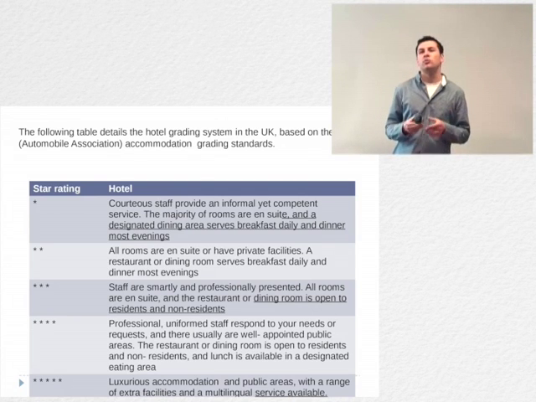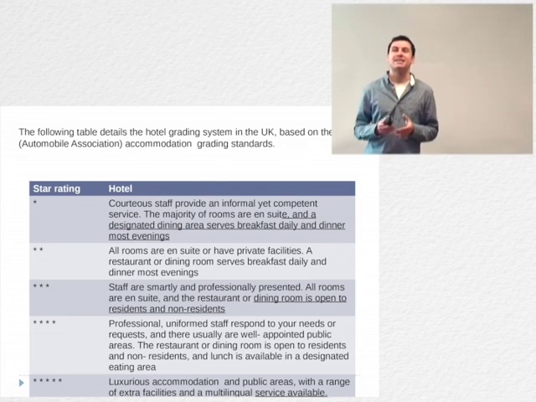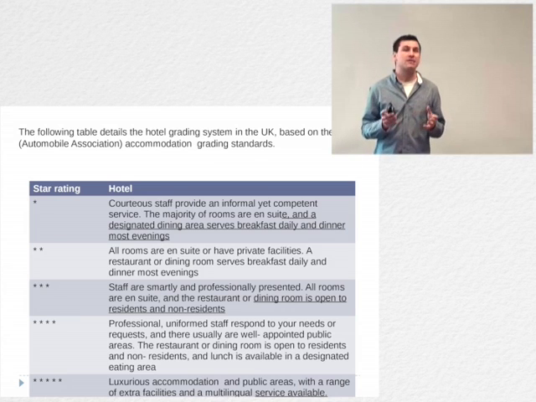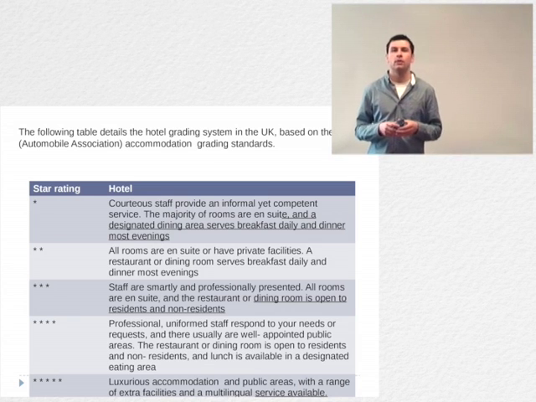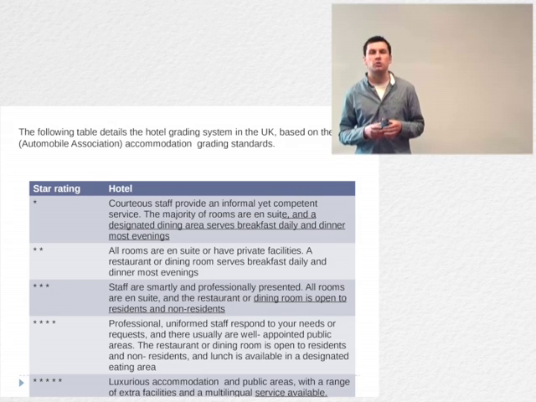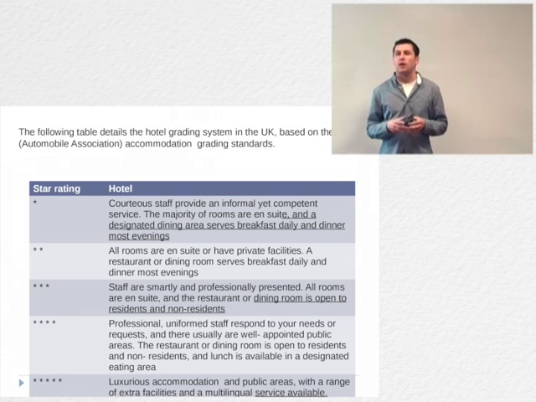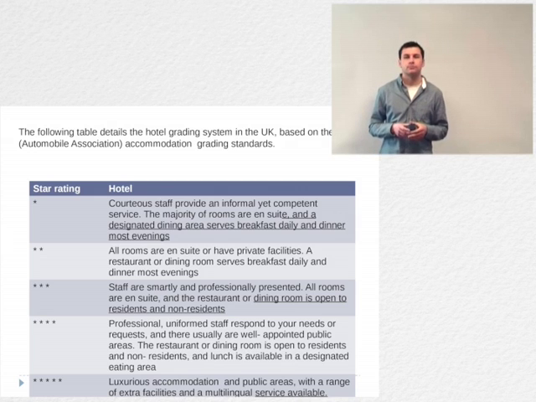The majority of rooms are ensuite, and a designated dining area serves breakfast daily and dinner most evenings. In a 2-star establishment, all rooms are ensuite or have private facilities. A restaurant or dining room serves breakfast daily and dinner most evenings.